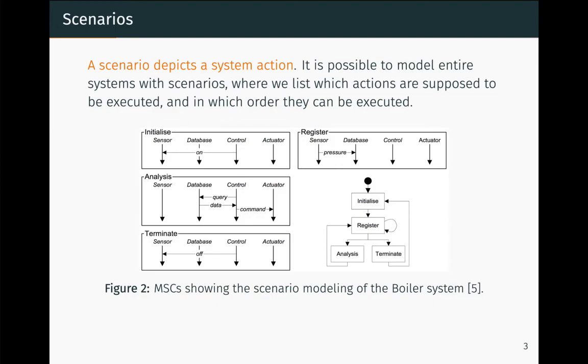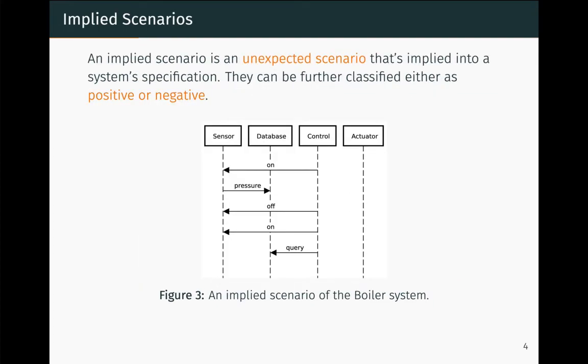So given this specification, we can check our first implied scenario. The scenario in figure 3 is an unexpected scenario that we did not model in the specification. However, it can happen at runtime. Right after turning on, the system queries the last pressure measured.